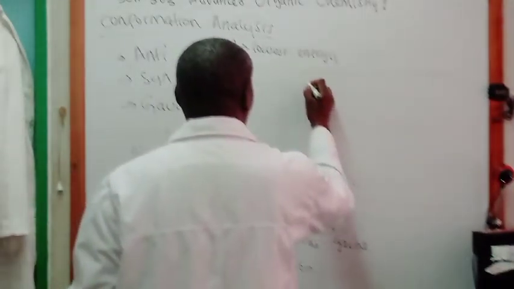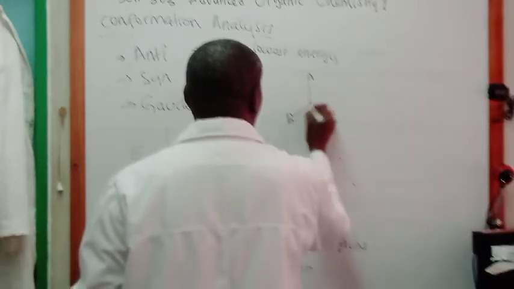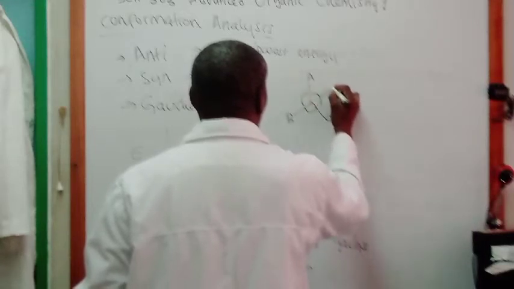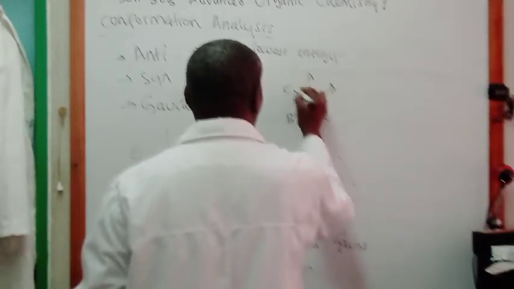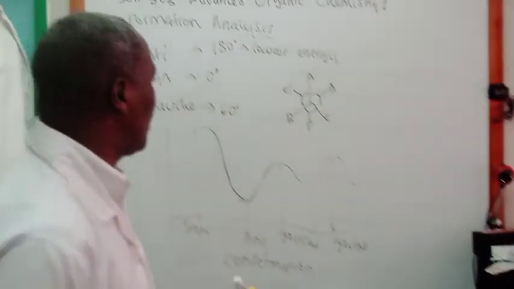Maybe I can have atom A, then B, then C, and then a circle at the back, and then probably D, E, and F. I'm just trying to avoid putting groups.